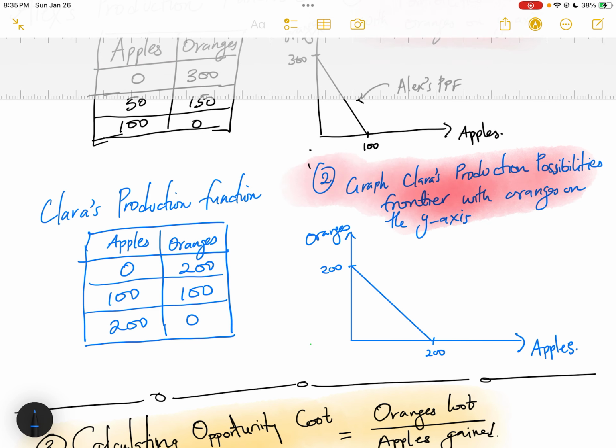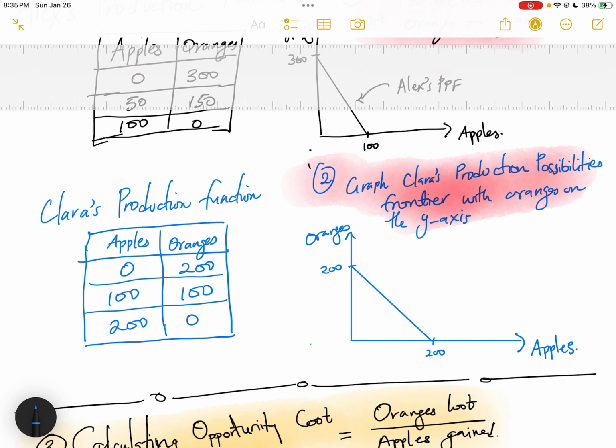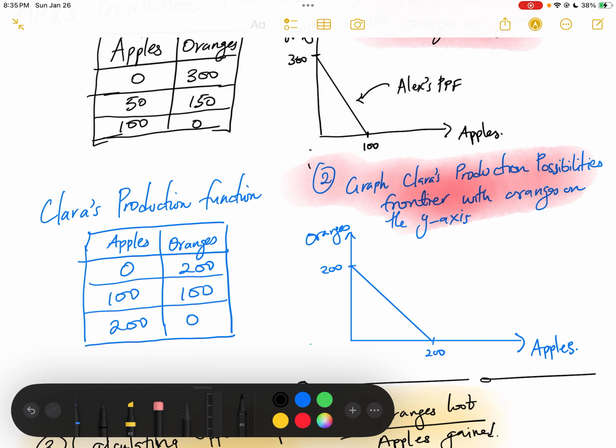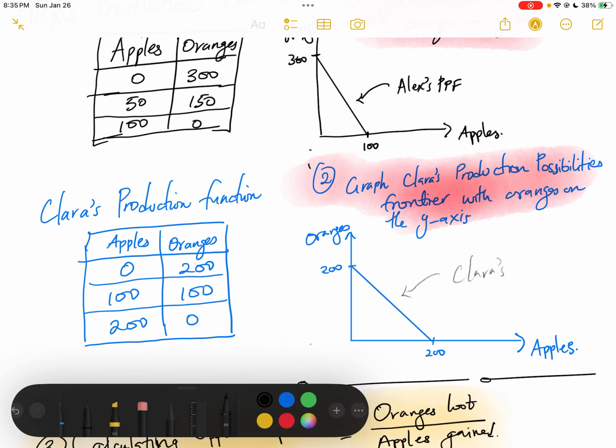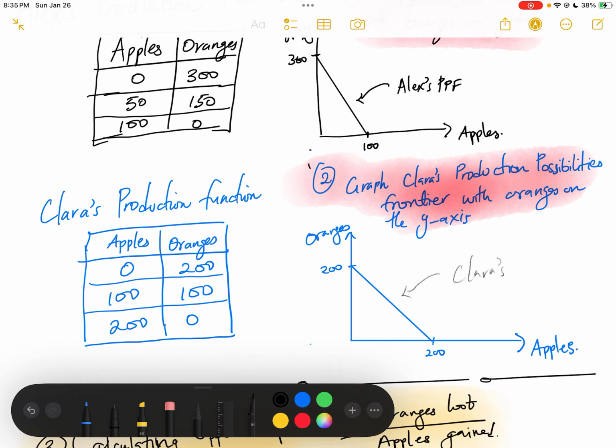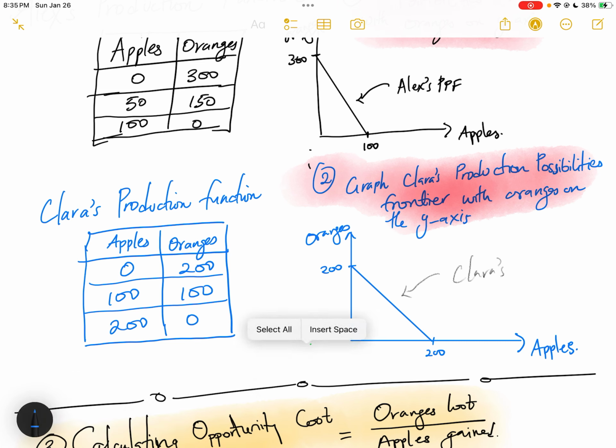Let me send that ruler away. And so this here is Clara's. Looks like I took a pencil, but that's all right. Clara's PPF. Great.